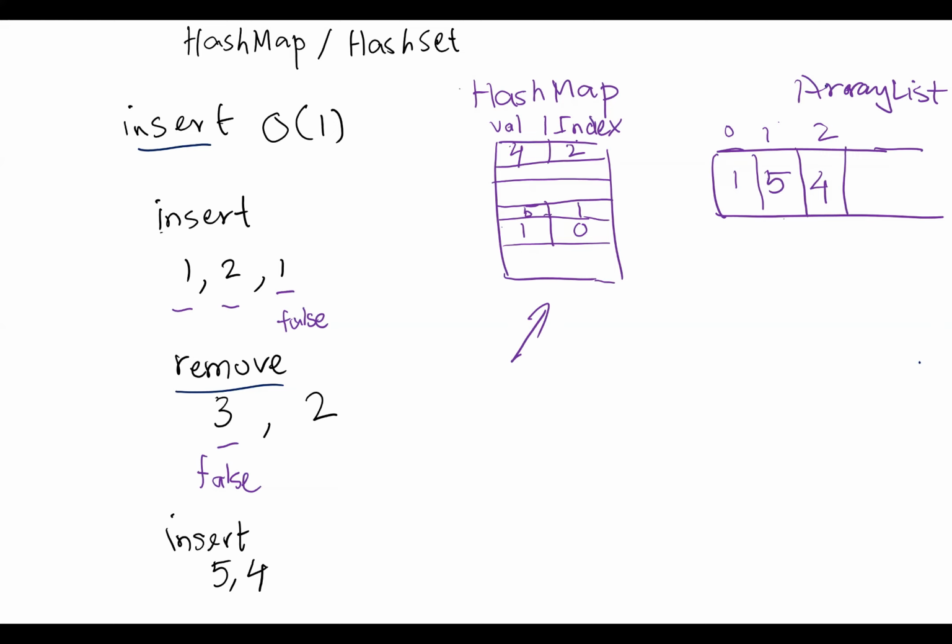Okay. Next, this is an important one. Let's say remove 1. Now, I come here and first I check, right? I check here. Yes, 1 is here. Index is 0. So it returns 0.